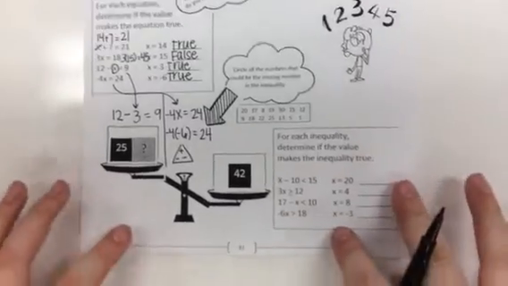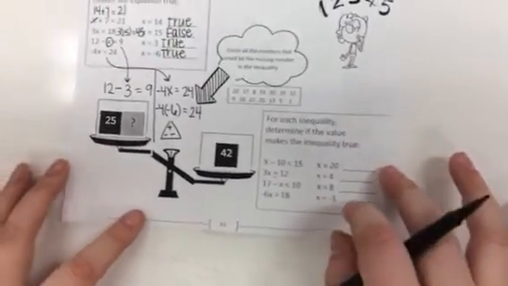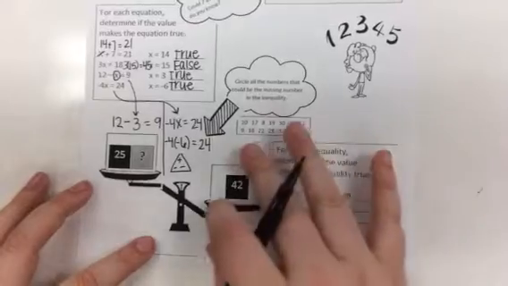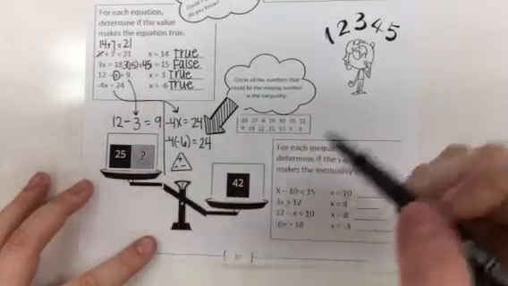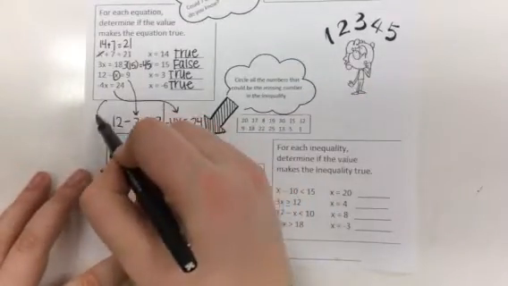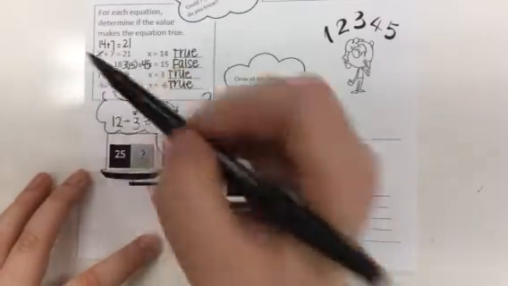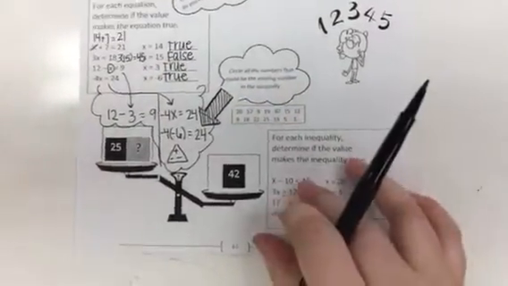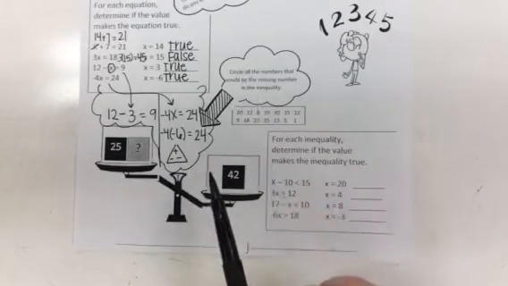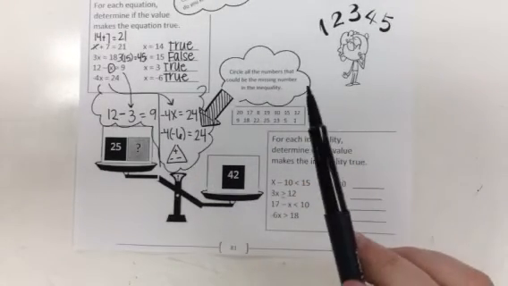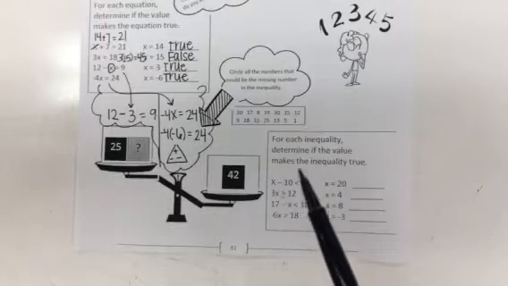Okay, so let's look at this part right here. Sorry, my work is in the way. I just have big handwriting, so I'm going to draw a little cloud up there. Now it wants us to circle all the numbers that could be missing numbers in this inequality.